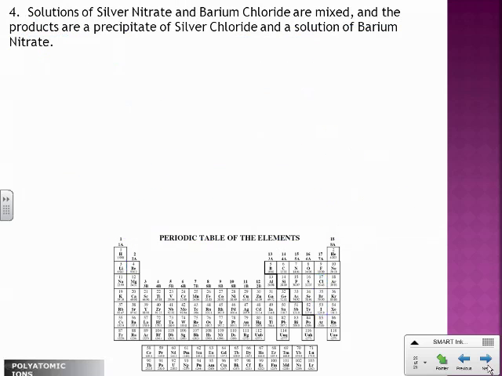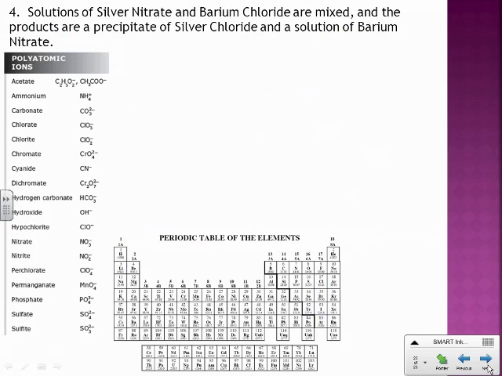All right? Lastly, we have solutions of silver nitrate and barium chloride are mixed, and the products are a precipitate of silver chloride and a solution of barium nitrate. So what we need to do is start writing these formulas. I have silver nitrate. Silver is Ag. It's a transition metal, but again, it's one of those that always has the same charge.